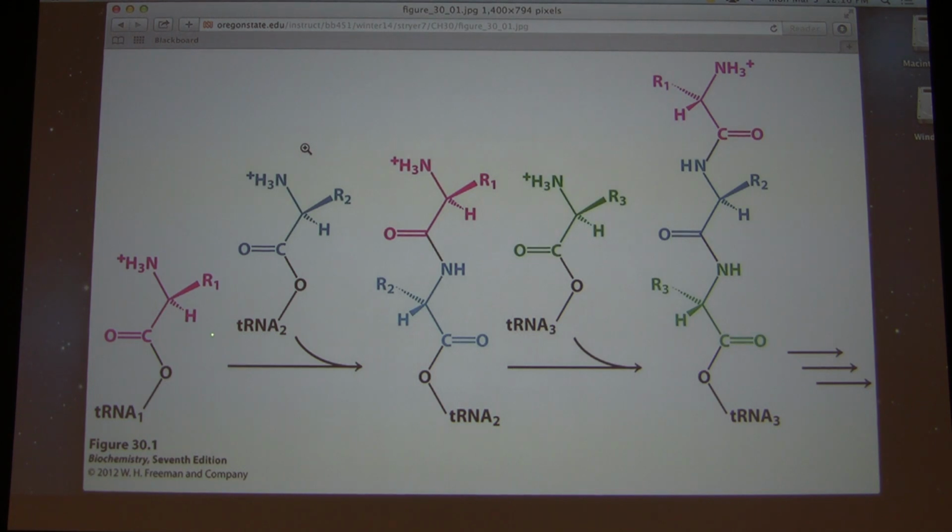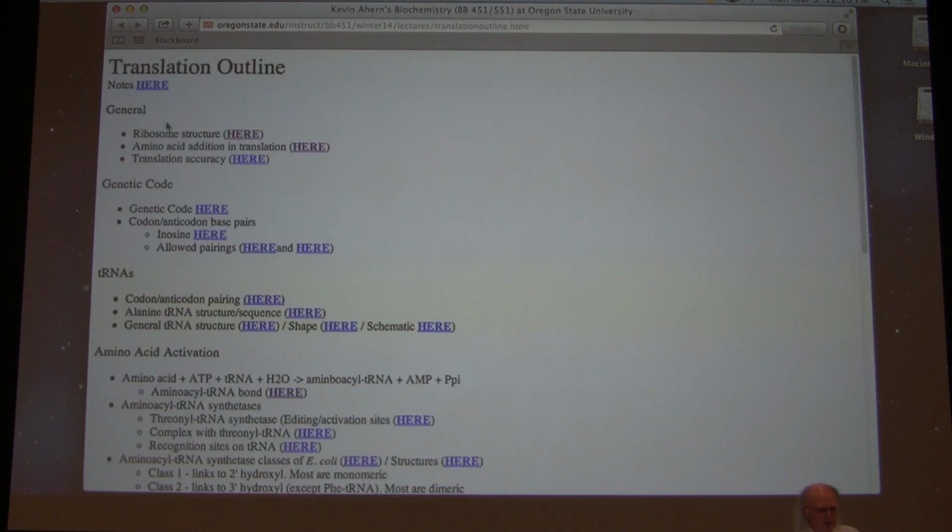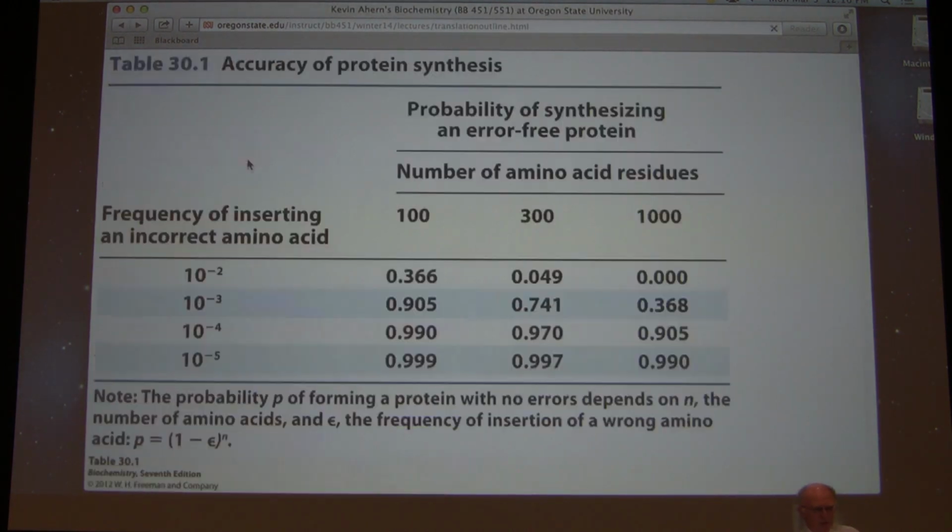This linkage happens where this guy is put on top of this guy. So we see now that tRNA2 holds both of these. tRNA3 comes in, and this gets put on top of tRNA3. Let me show you this in some more detail when we get to the ribosome.